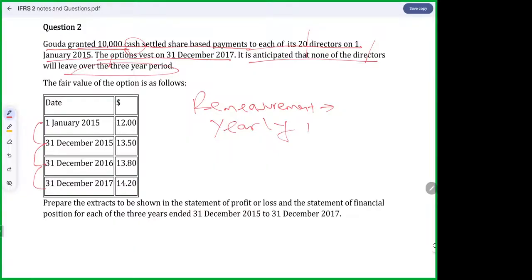Because if it's cash settled, we are very sensitive with tracking the performance of these directors on a yearly basis. So should I get this kind of a question, where do I start from? If you look at last semester's IFRS 2 question, it wasn't done very well.